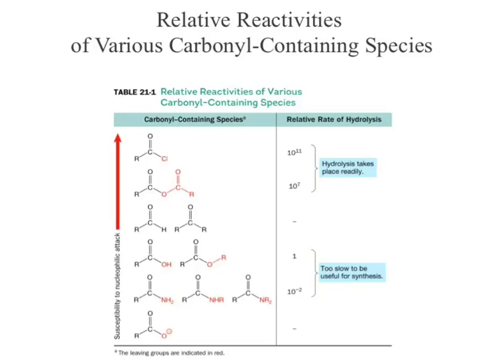Why were those more reactive? They don't have the resonance stabilization of the carbonyl that all the other ones do. So it's the same ranking system that we've been looking at. It's just a slightly better or easier way to visualize susceptibility to nucleophilic attack. It becomes more electrophilic as we move further up because of all those resonance arguments.